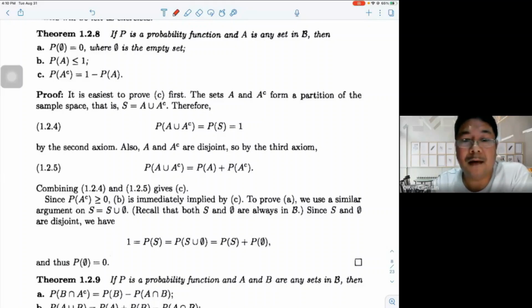We know that A and the complement of A are disjoint.